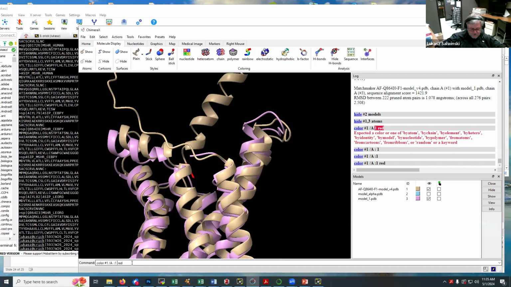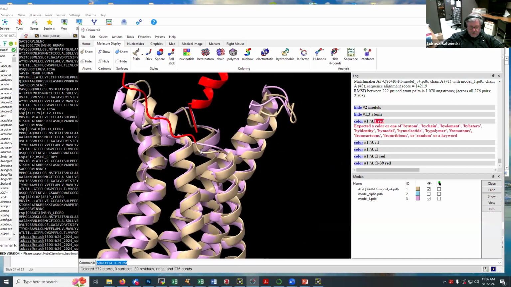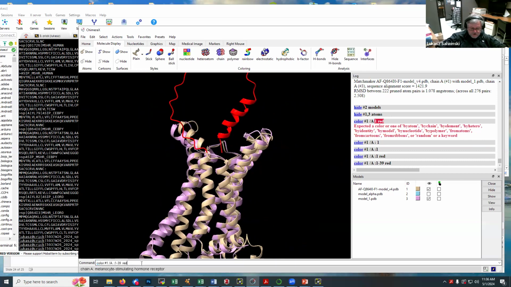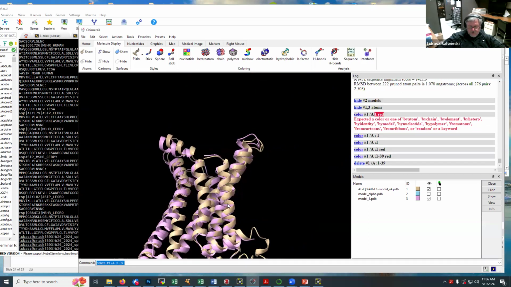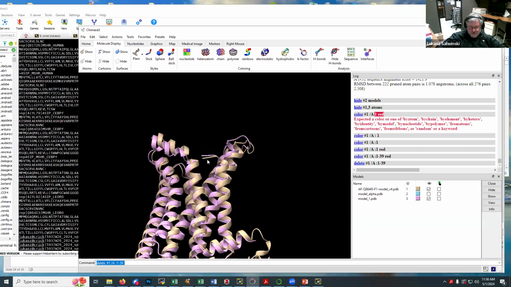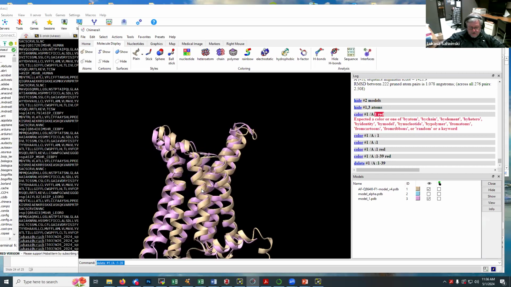So let's first color 1 to 39, and this is what's not in our homology model. If we're certain this is what we want to remove, instead of coloring things red, we can delete this fragment.